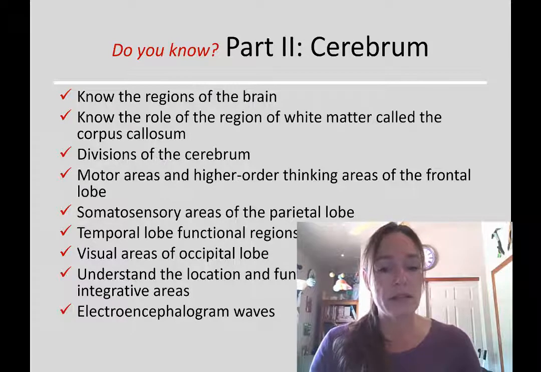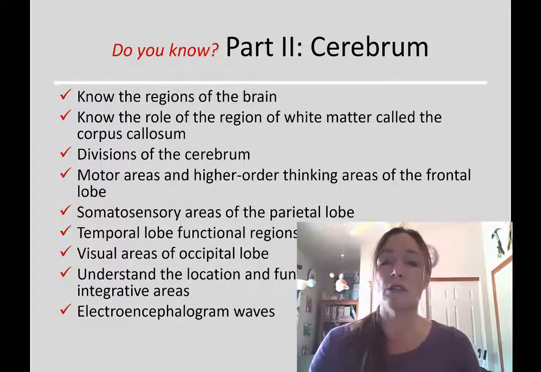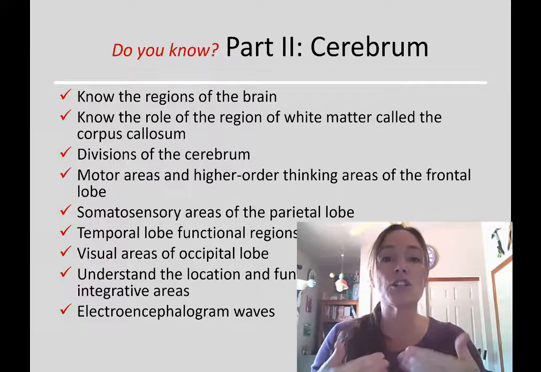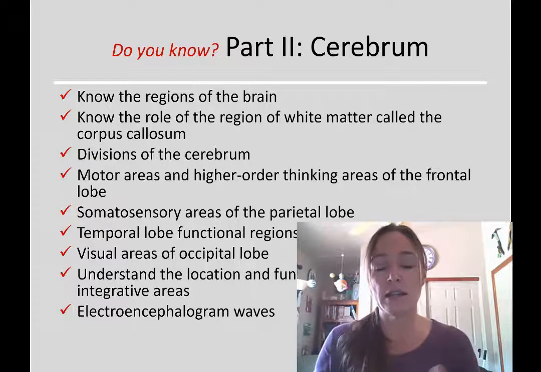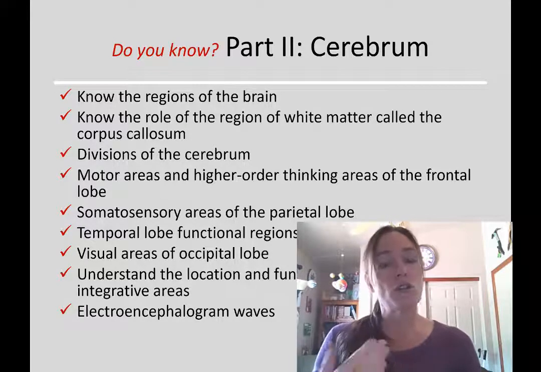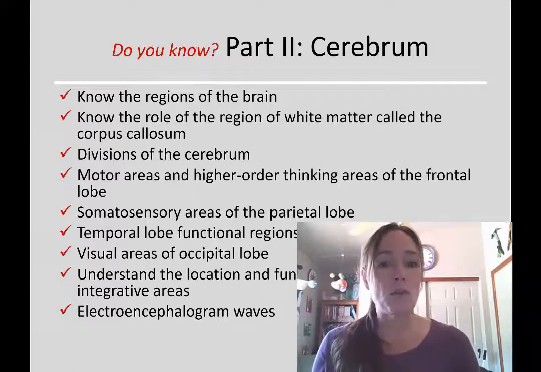It is around this area, the primary visual cortex, that we have the visual association area. So the visual association area is where we interpret what we see. You're seeing kind of a white blob. Is it a ball or is it a flower? So your life experiences are going to tell you what you are seeing.